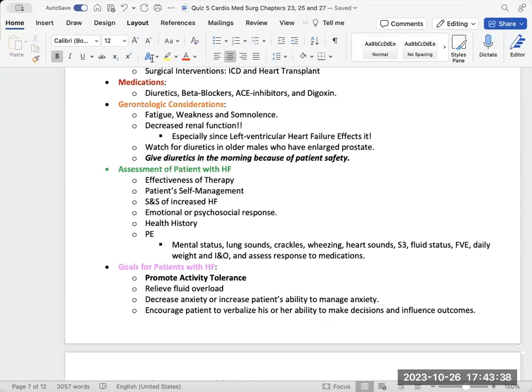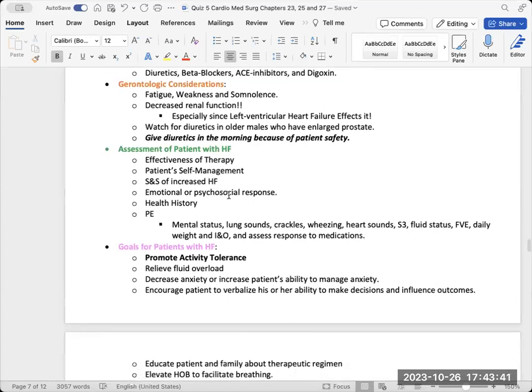Other considerations, always your elderly population, because they have decreased renal function, which means that the drugs you take are usually excreted by the kidneys. So if you don't have good kidney function, you might not have an easy ability to metabolize those drugs, and you might just get toxicity in the body with these medications.